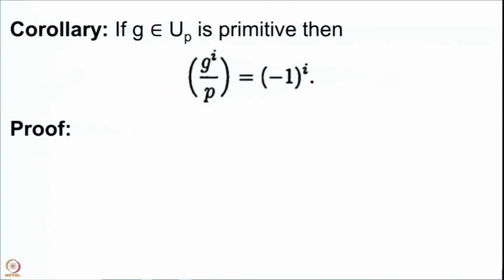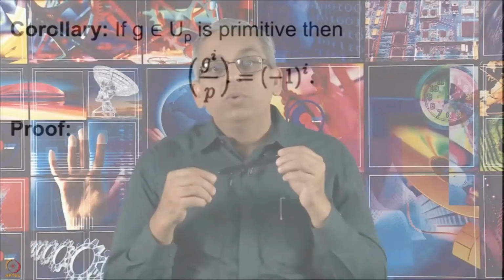However, our U_P also has primitive roots. With respect to the primitive roots, we can have this result quite nicely, that whenever G is a primitive root in U_P, then the Legendre symbol of G power I is simply minus 1 to the power I. The only thing that we have to prove here is that the Legendre symbol of G is minus 1, that G cannot be inside Q_P.